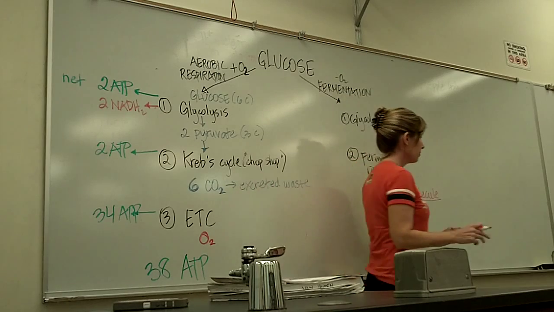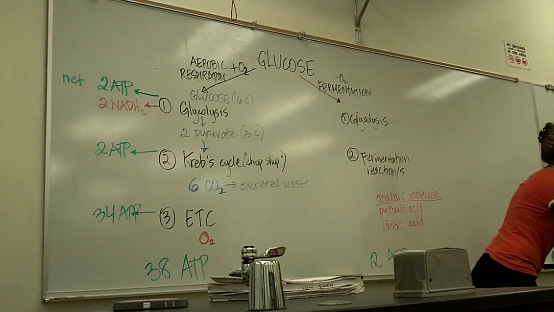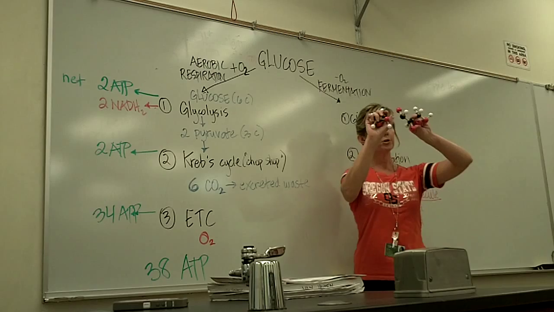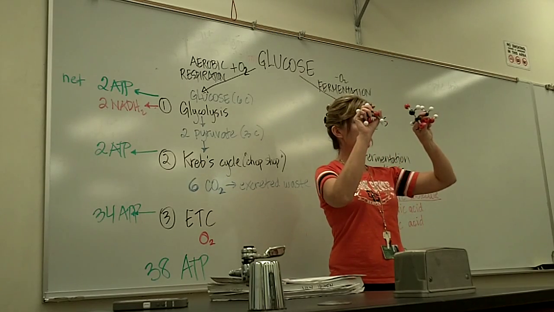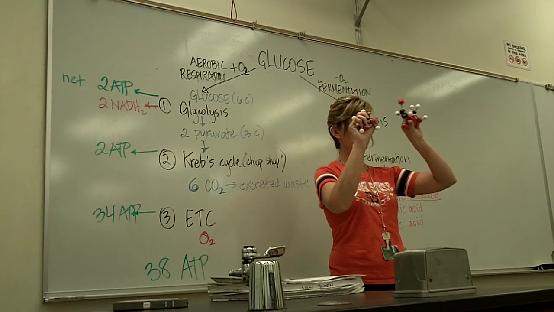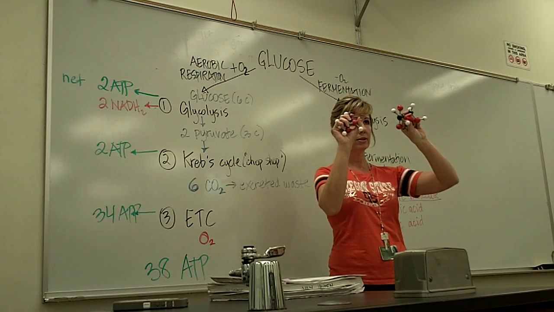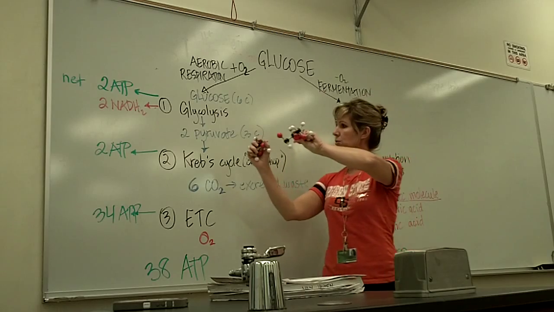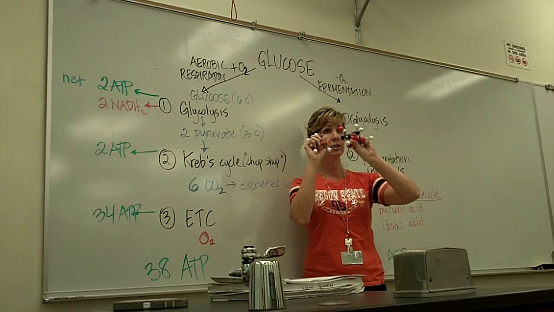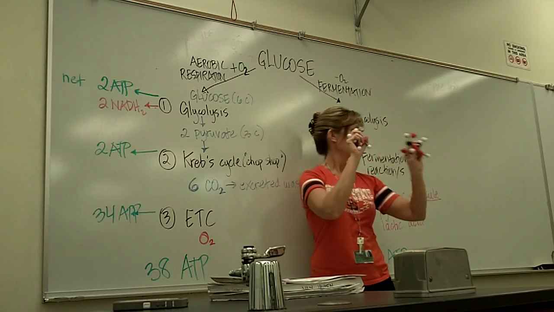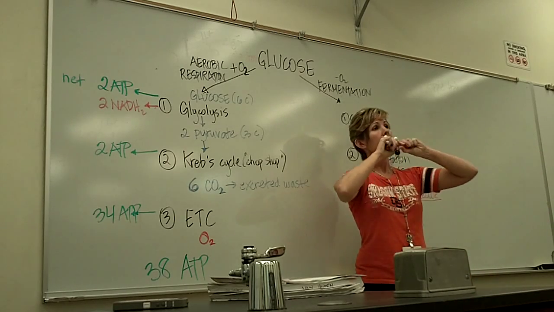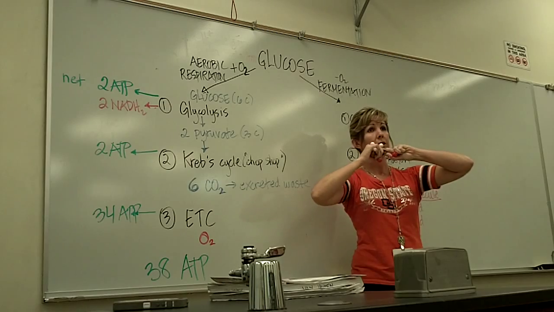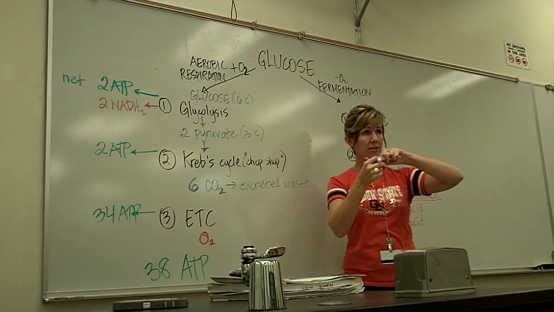Okay, so this is what's happening. Start with glucose, assembled. I split it into 2 for glycolysis, 2 pyruvate molecules. When it goes into the Krebs cycle is the chop shop. That's where you're tearing this molecule apart and harvesting a whole bunch of hydrogen, right?